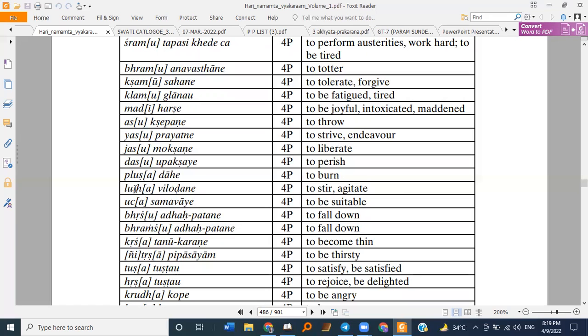In yasu prayatne, isn't the dhatu there also yes? Yes, actually, I was going to tell that. The word prayatna, words like prayas, are all coming from this yasu prayatna. Pra is an upasarga there.